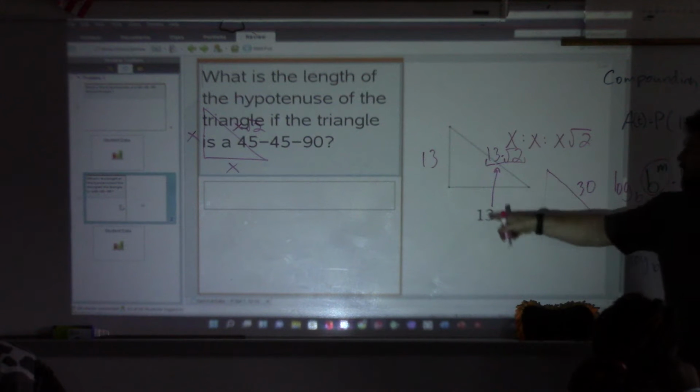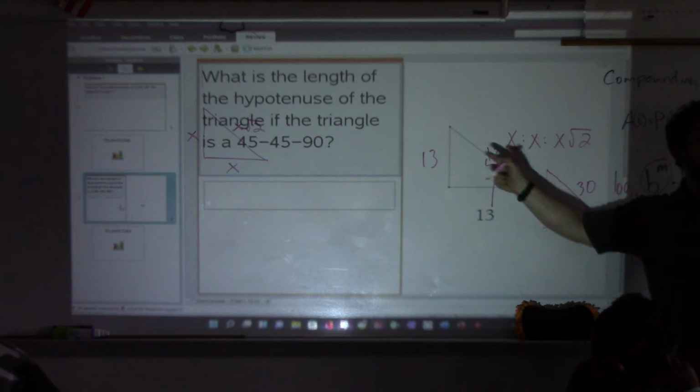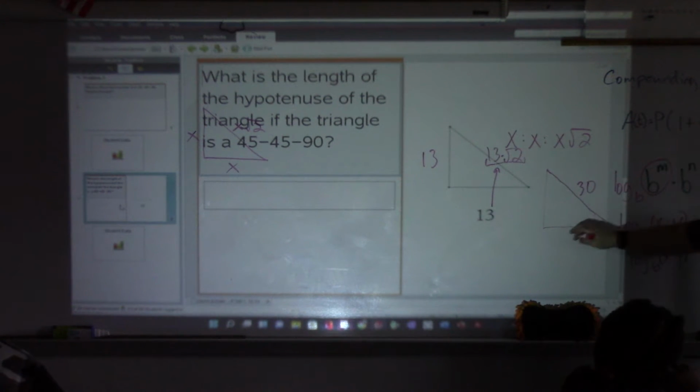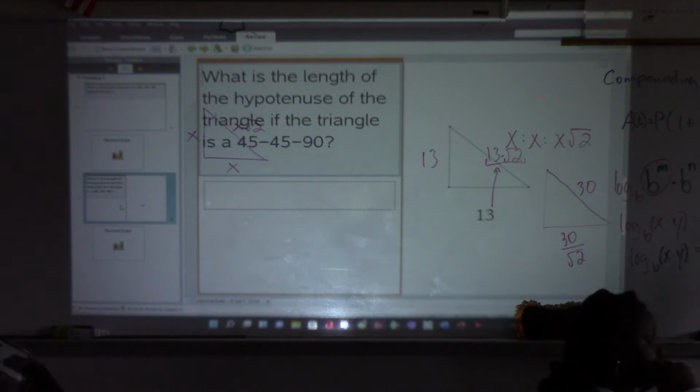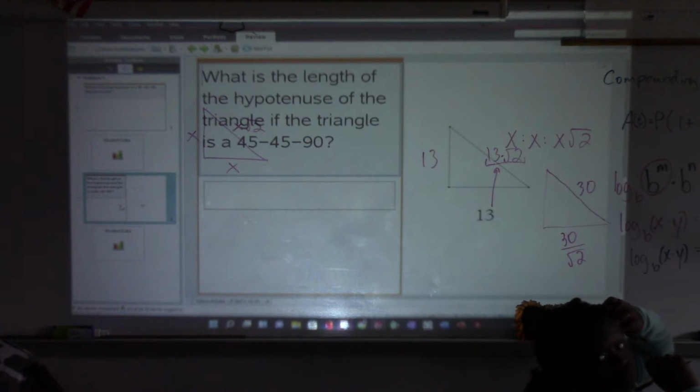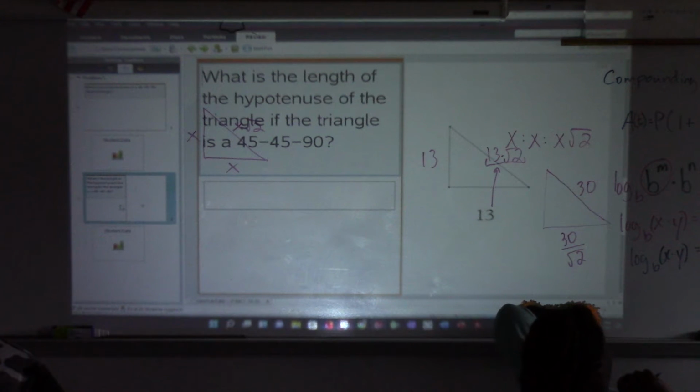To go from the side to the hypotenuse, I multiply by the square root of 2. So to go backwards, I divide by the square root of 2, and you can just leave it like that. You don't have to make it more complicated than that. Older generations of teachers would require you to do this thing called rationalizing. I don't care about that. I care that you recognize that I would divide by the square root of 2. That's it. So if you know your ratios, it makes it really easy.